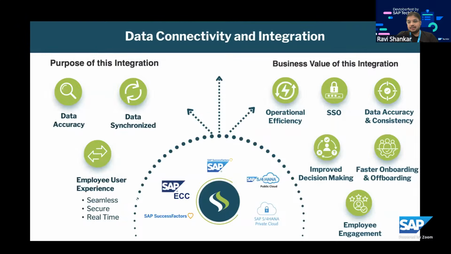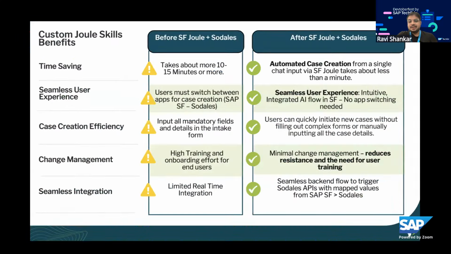So all the ecosystems which we connect for our solution also become available to the user using Joule skills and Joule. These are the benefits we got from using the custom Joule skills.